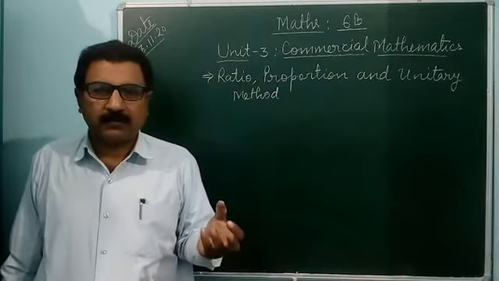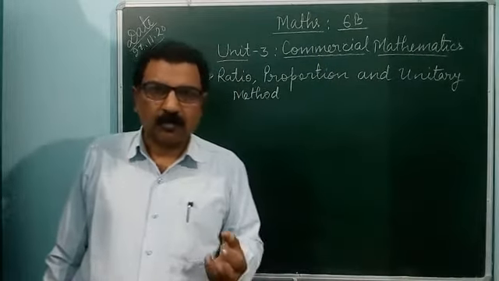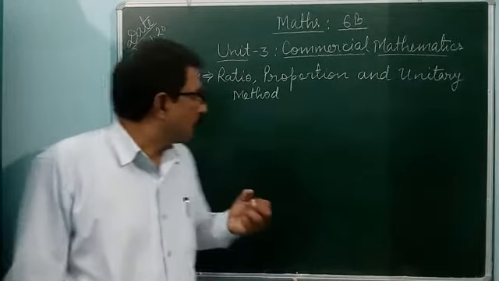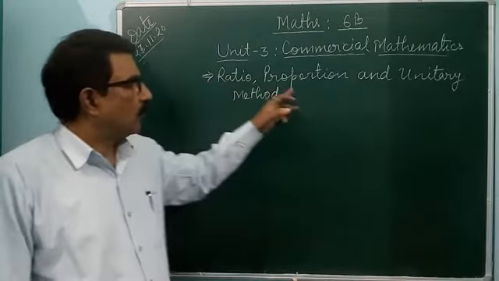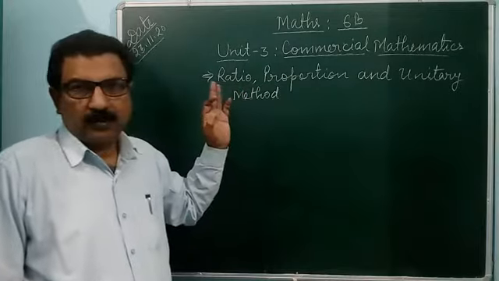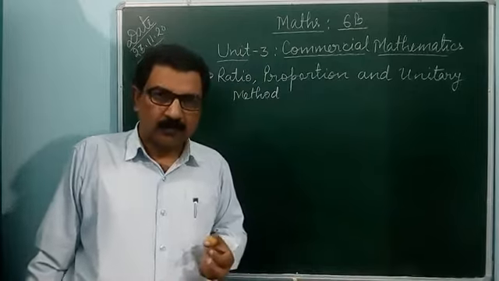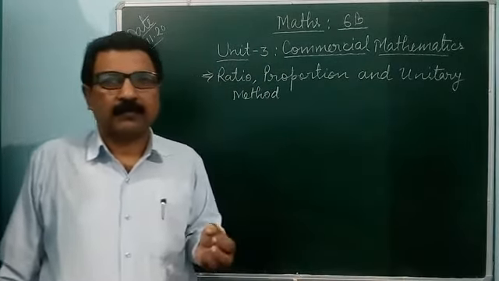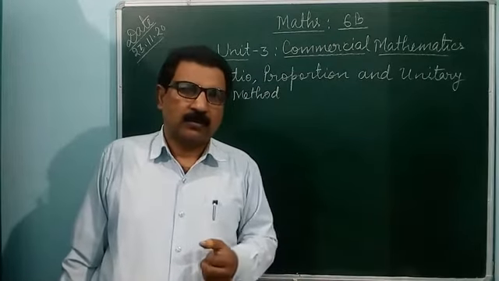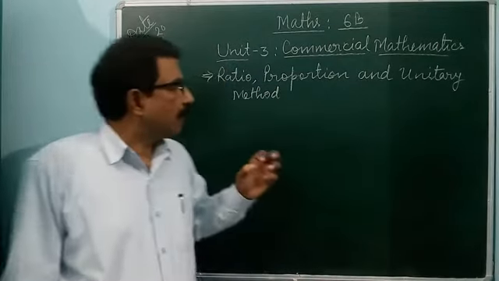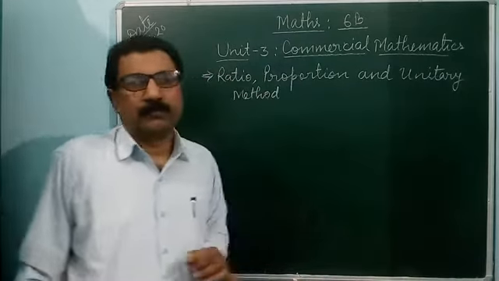Commercial mathematics is the branch of mathematics in which we can compare the quantities with the help of ratio, proportion and unitary method, and we can get the different values of the items as compared to the others. So in this chapter we will study ratio, proportion and unitary method.